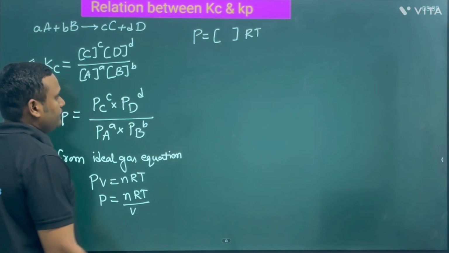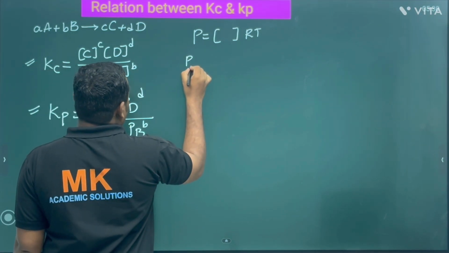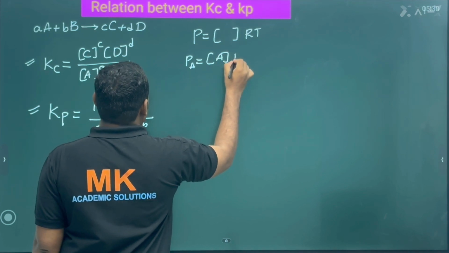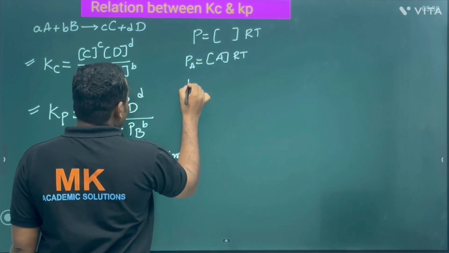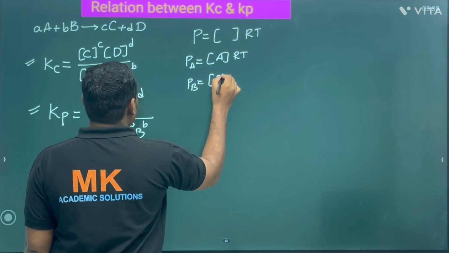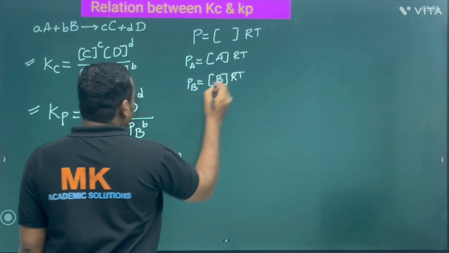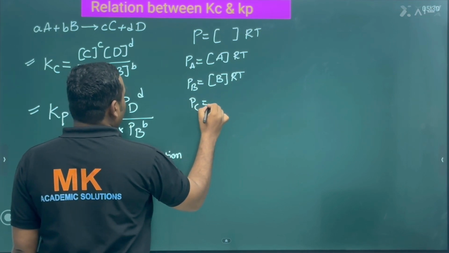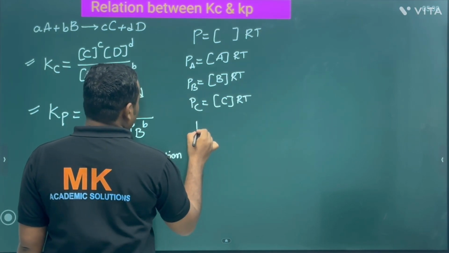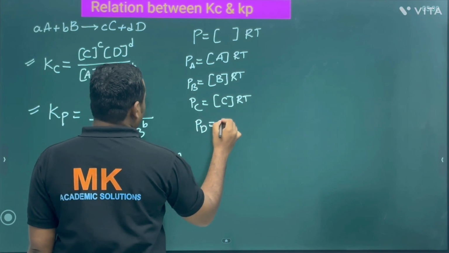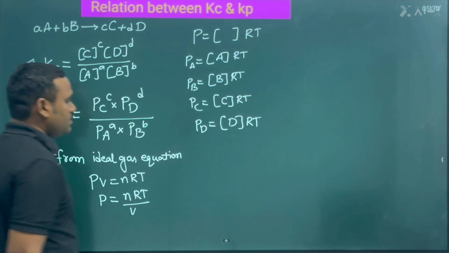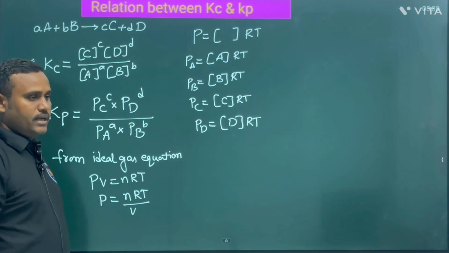For example, the partial pressure of A is the concentration of A × RT, the partial pressure of B is the concentration of B × RT, the partial pressure of C is the concentration of C × RT, and the partial pressure of D is the concentration of D × RT. So this relation we can derive from the ideal gas equation.